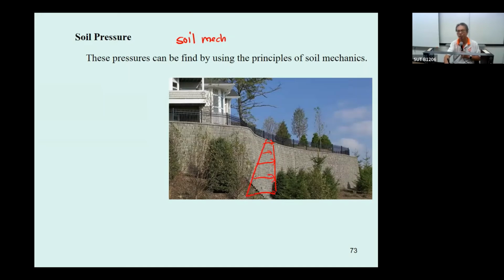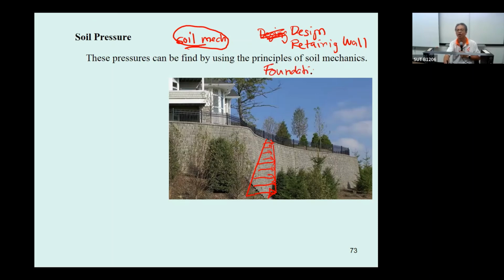You will study soil mechanics to get the soil properties to estimate the load, and then you design this retaining wall by using the design of foundation engineering, because this is going to connect to this wall.